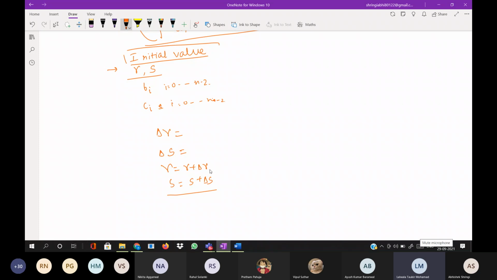Then we can go for other roots. Okay, so this is the perfect algorithm for a third degree polynomial, right? This is perfect. So now we have to decide how we will choose the initial values of R and S.